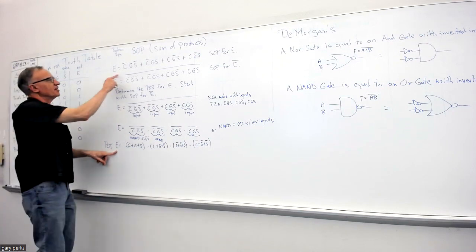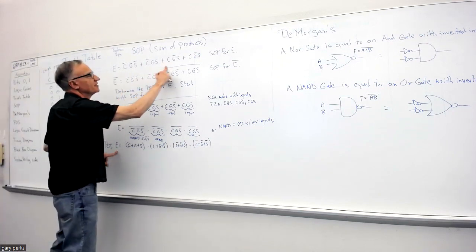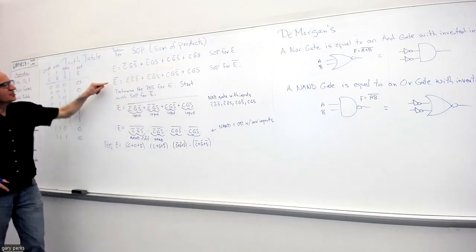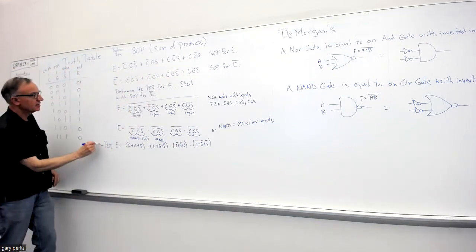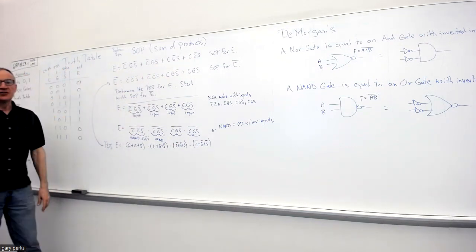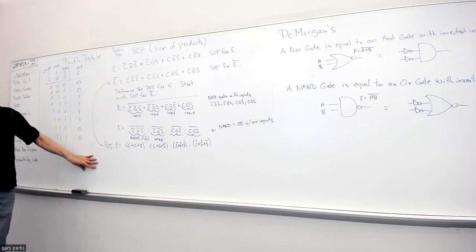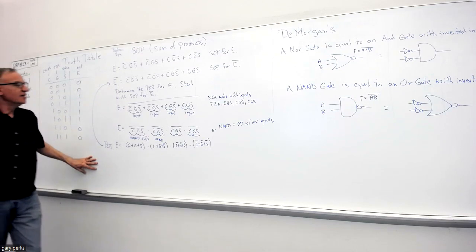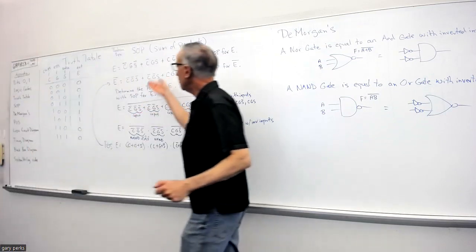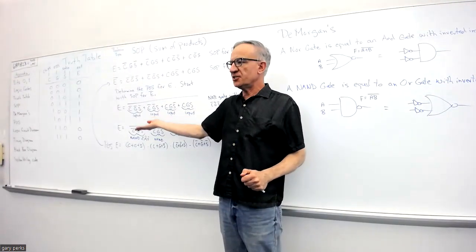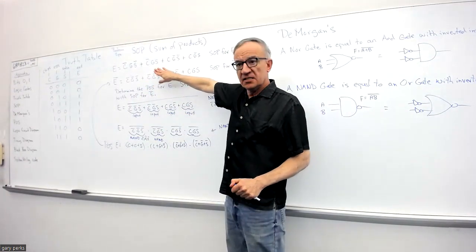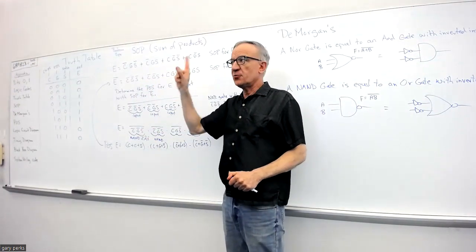And like I said earlier, we had to start with SOP for not E to get POS for E. So I'll just go through this derivation between SOP and POS one time.